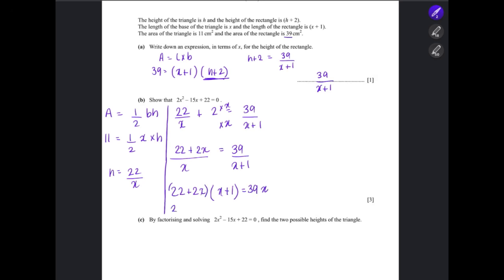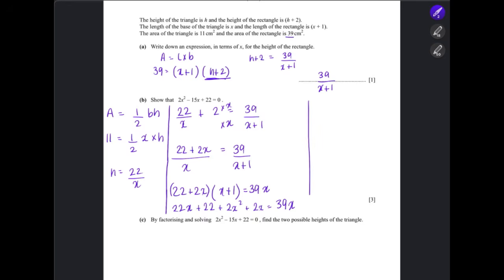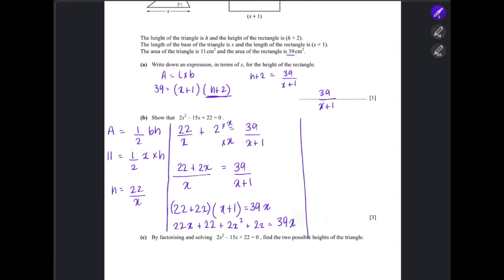You need to put a bracket here as well. Okay, and now we'll simplify this. Now we can move this 39x to the left hand side. So negative 39x plus 22x plus 2x, and then you're left with 2x squared and 22, so 2x squared plus 22 equals 0.